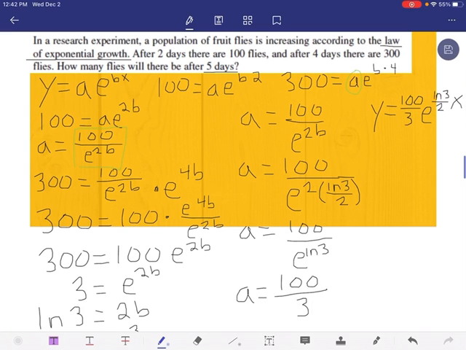Now, for us, it's asking us how many flies do we have after 5 days. So what we're going to do is use that equation that we found and plug in 5. And again, because you have some not super nice fractions and you have e's, you would just plug all of that into a calculator, and we get that we are approximately 519.615.